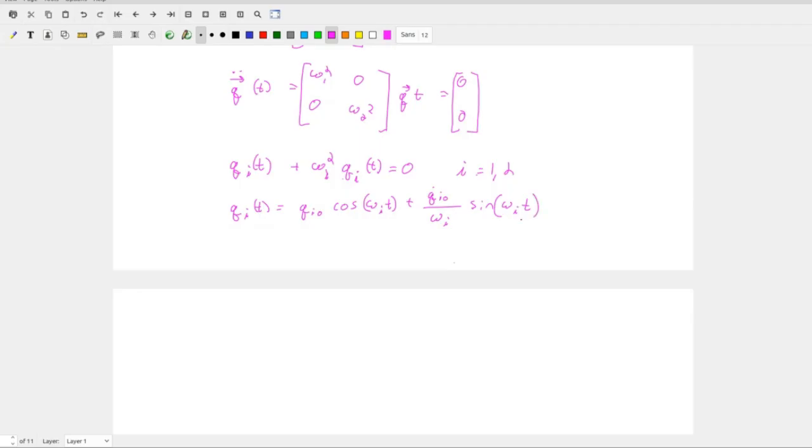That's pretty simple, right? So we have everything we need there except q_i naught and q dot_i naught. But we can get those.